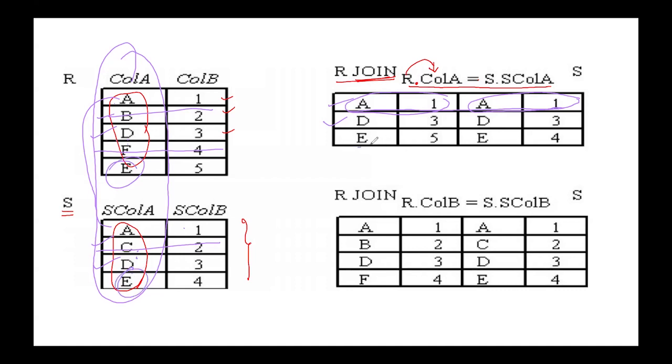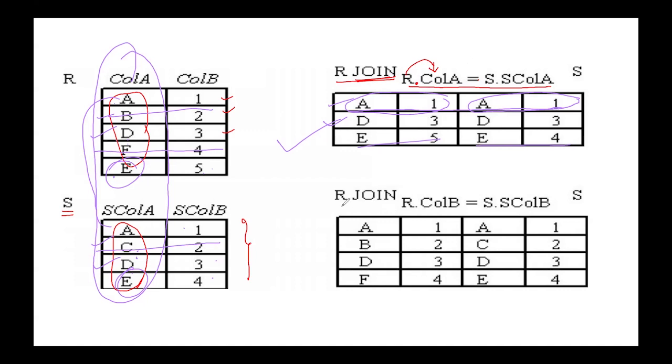So I'm keeping E5 and E4. Remember, in the last session we were checking the entire tuples. Both should match. But here we are only comparing column A of R and column A of S. So that's the reason when there is a match, I'm going to retain it. So this is your R join S for the condition column A is equal to column A of S.